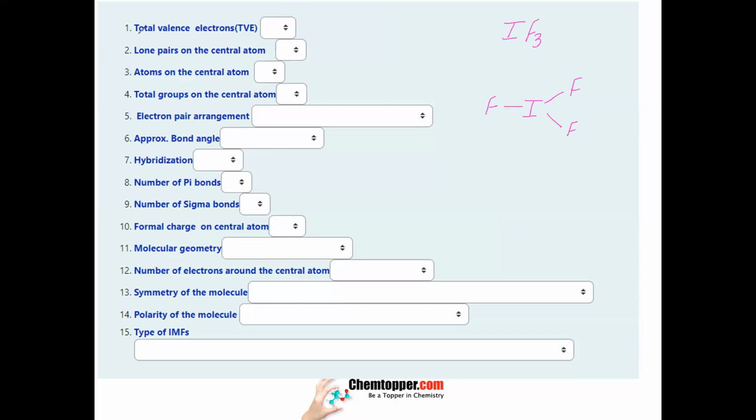Count the total valence electrons. 4 times 7. Yes, Anish, right. Now, complete the octet of the fluorine. How can I complete the octet of the fluorine?